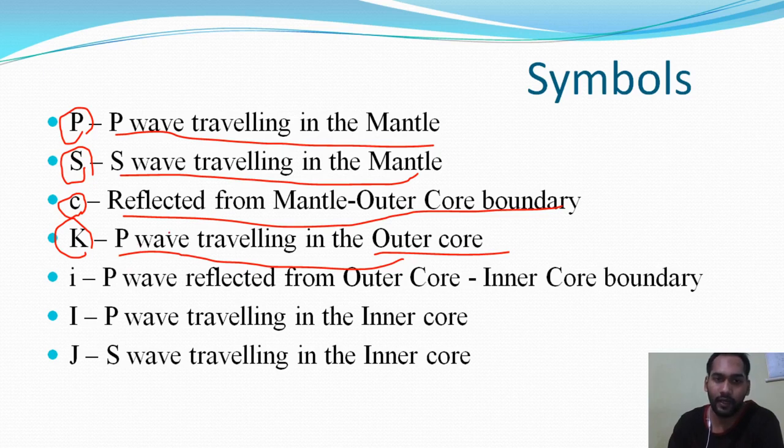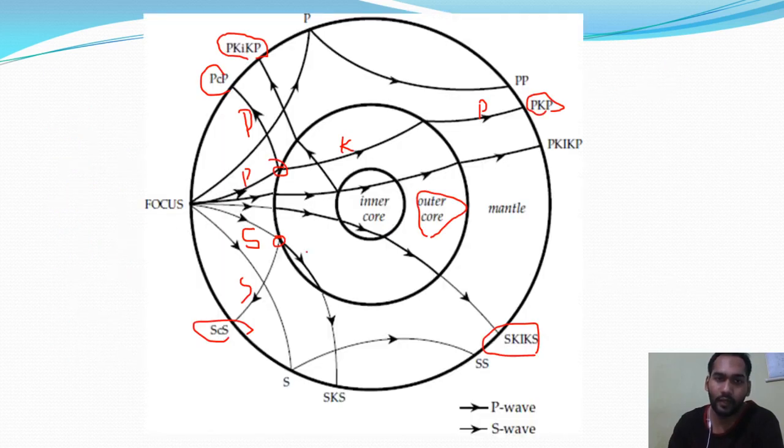If it travels in the outer core, it will be converted to P. It is traveling as S in the mantle, then converted to P in the outer core, then traveling as S in the mantle. P in the outer core is named as K. So it is SKS.